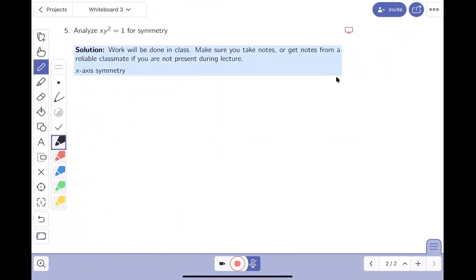I'm going to talk about even symmetry, odd symmetry, and the other one that doesn't have a name, which is x-axis symmetry. There's 3 I need to discuss. We don't do the 4th one yet.